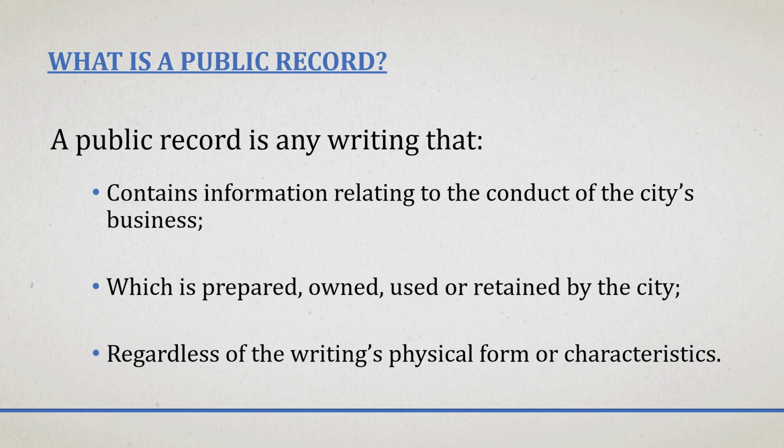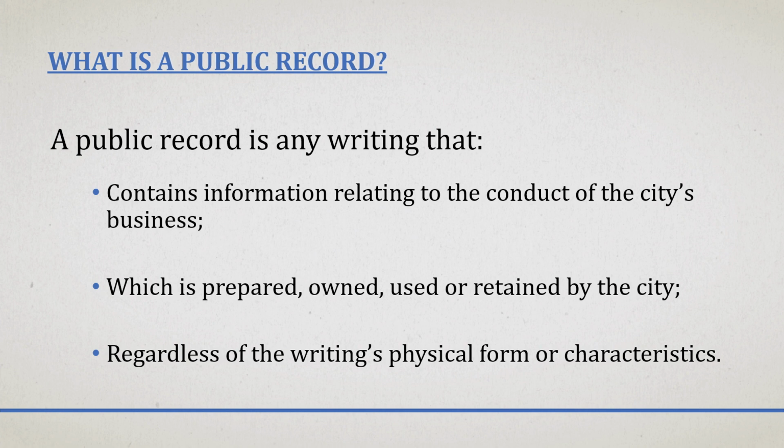So for disclosure, the records that the public is entitled to see, a definition for public record is any writing that contains information relating to the conduct of the city's business, which is prepared, owned, used, or retained by the city, regardless of the writing's physical form or characteristics. If you couldn't tell, I tried to highlight that last bullet point with the tone of my voice.